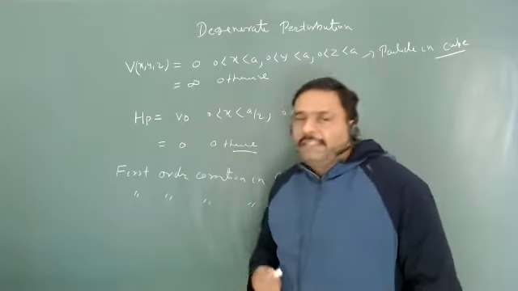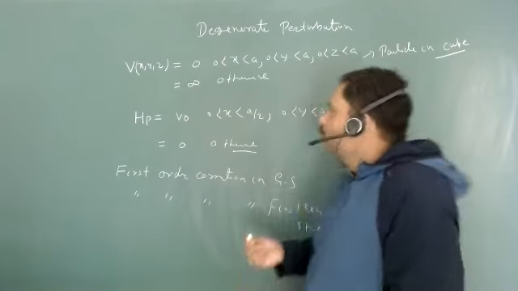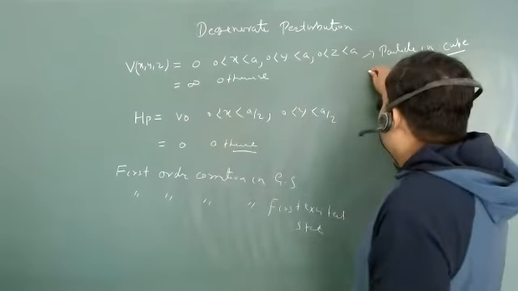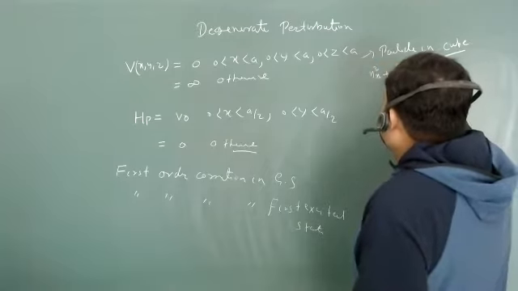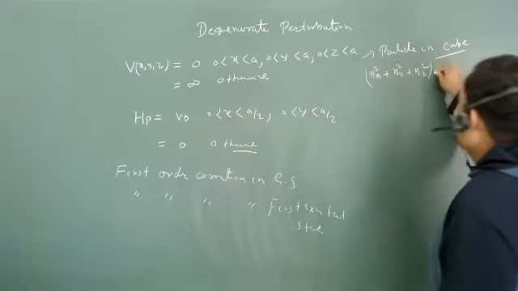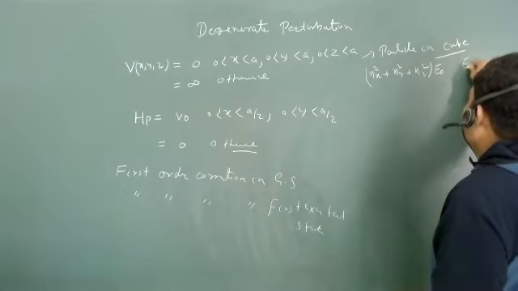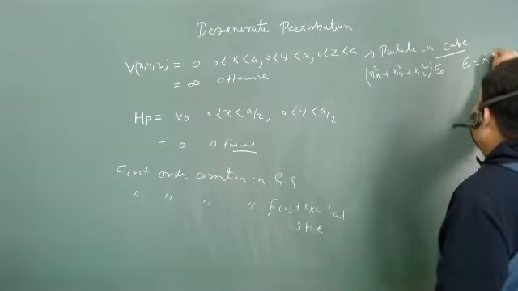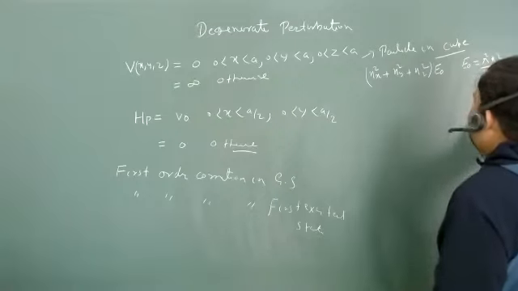Now let us go for the wave function. What is the energy eigenvalue? The energy eigenvalue is E naught times nx square plus ny square plus nz square, where E naught is a parameter, nothing but pi square h cut square upon 2 m a square.